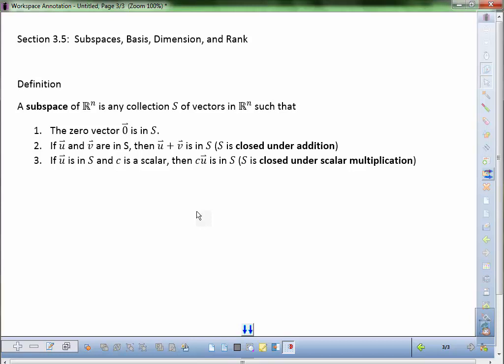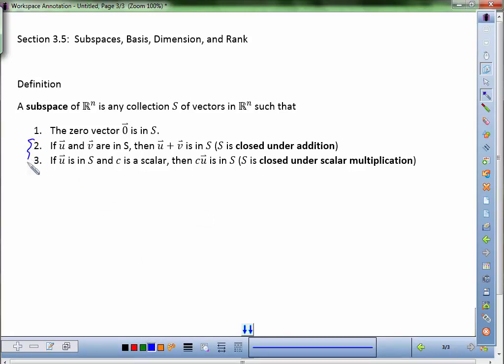Two, if you have vectors in S, then any addition of those vectors would still be in S. And three, any vector in S can be scaled into any other vector in that subspace. I don't know if that made any sense, but let's see if we can visualize this.